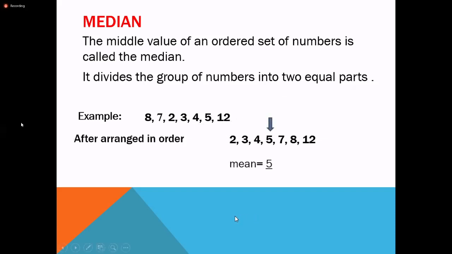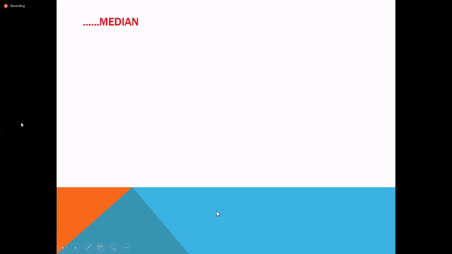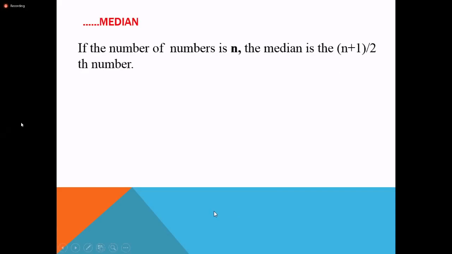After arranging in order, if the number of numbers is n, the median is the (n plus 1) divided by 2 value. That is not the median value itself; that is the position of the median.